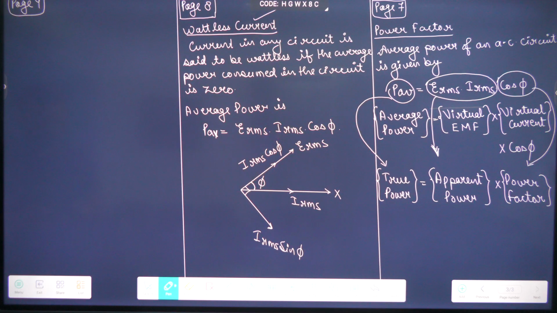The current IRMS can be resolved into two components. Component IRMS cos phi is along ERMS, as the phase angle between IRMS cos phi and ERMS is 0.